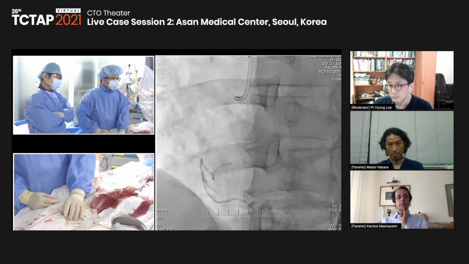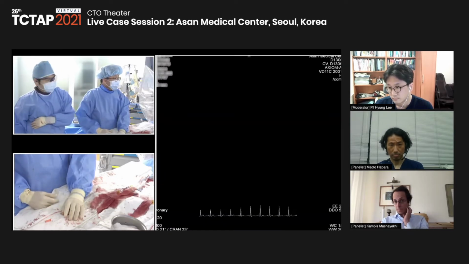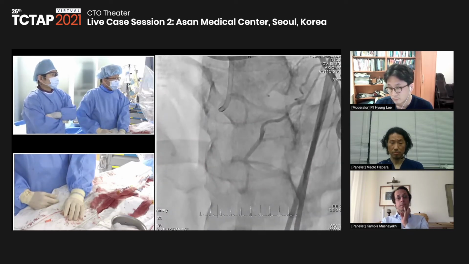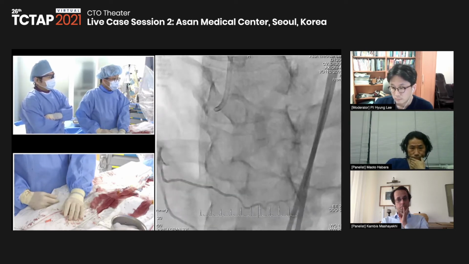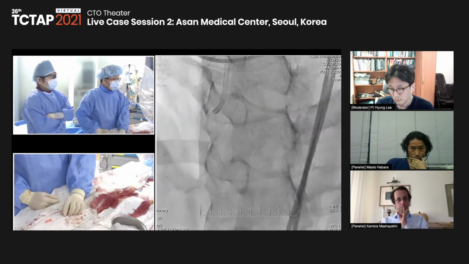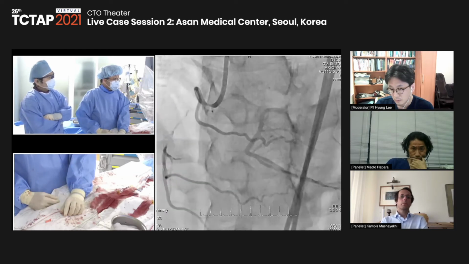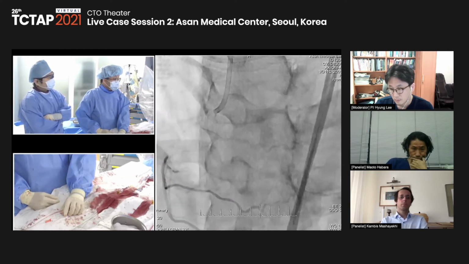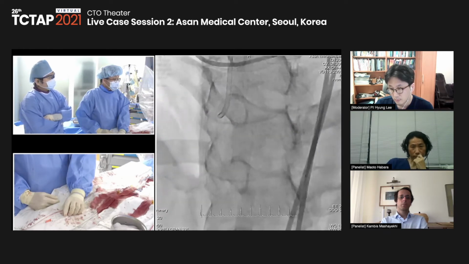Next, this is the AP cranial view. You can see that there are some microchannels at the distal bifurcation of the PDA and PL. So maybe the wire can pass through the distal portion of the RCA.